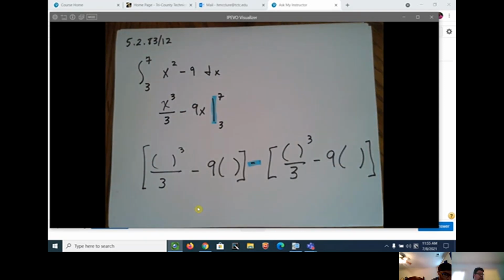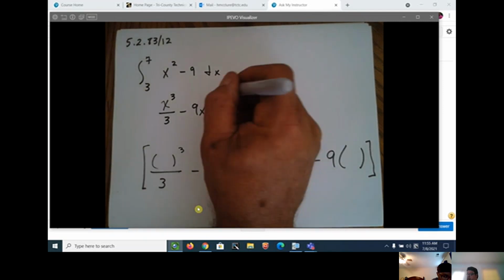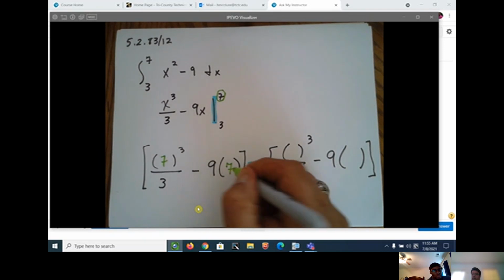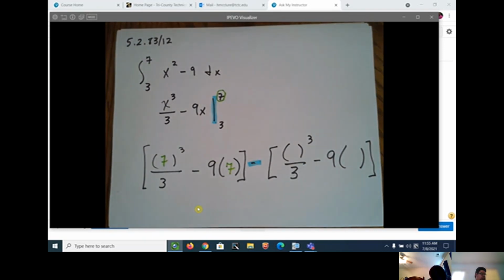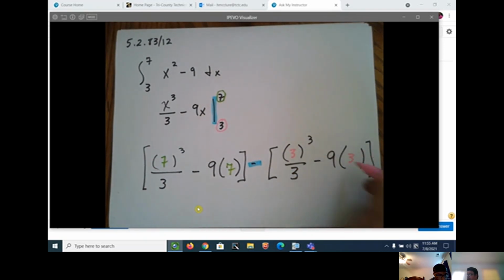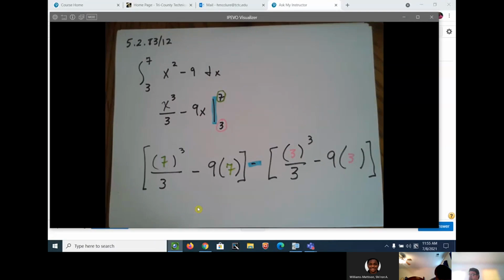That means subtraction. And we also know that a 7 goes here, and a 3 goes here. And that is basically the math.